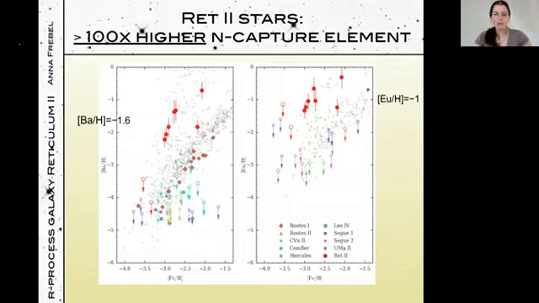In gray, you have the halo stars, and you can see the red ones overlap with this little fuzzy cloud of gray halo stars, the other R-process stars. The colored ones at the bottom, the upper limits, are the other dwarf galaxy stars. As I said, they had unusually low values, which is what we expected. Instead, we found the bright red dots orders of magnitude higher. That was very exciting.